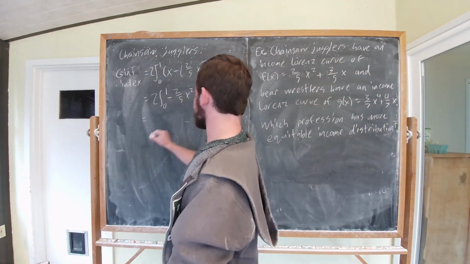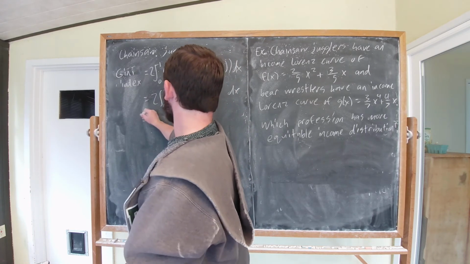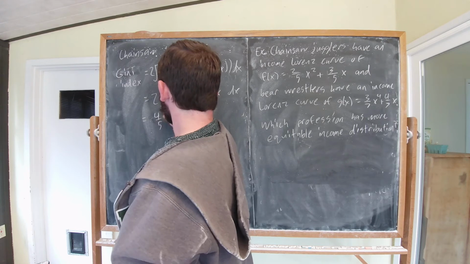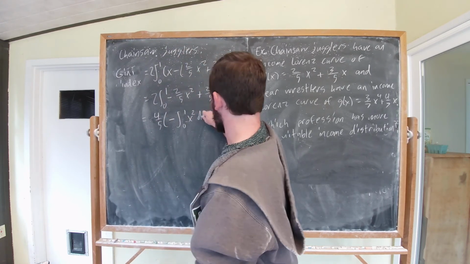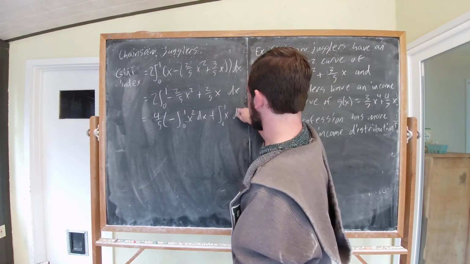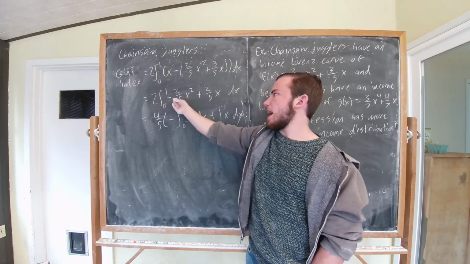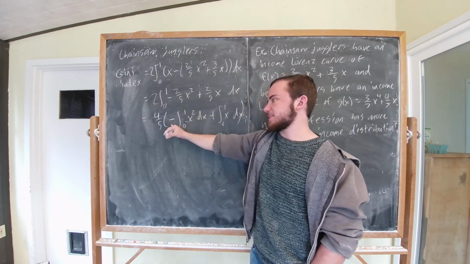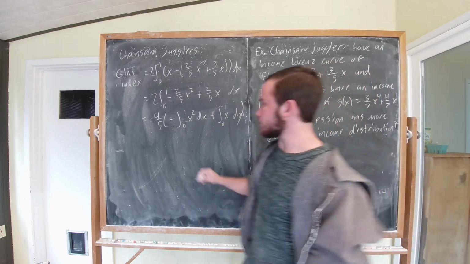Alright, pulling out the 2/5 from everything, you'd end up with 4/5 times negative integral from 0 to 1 of x squared dx plus the integral from 0 to 1 of x dx. So I pulled away a 2/5 from everything to the front, and then I split off the minus x squared here and the positive x using the sum rule.